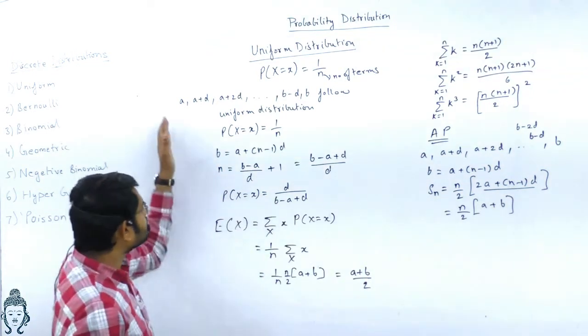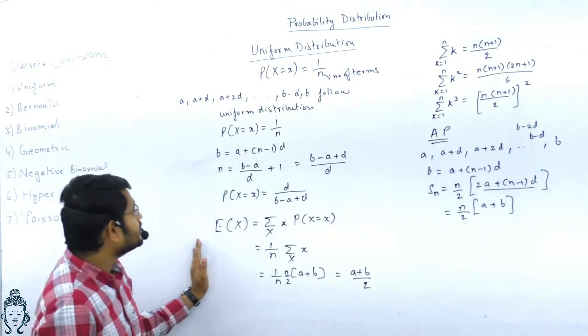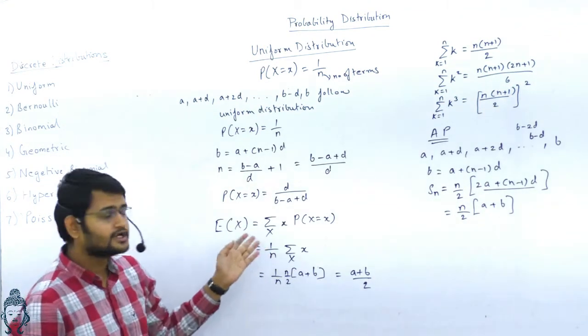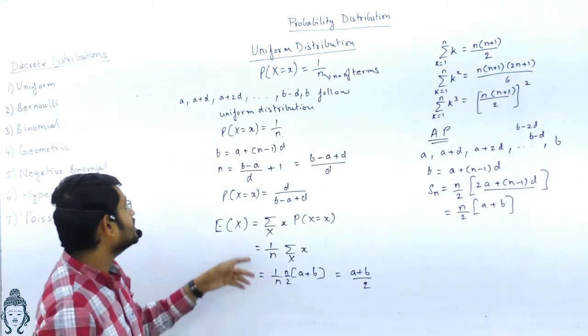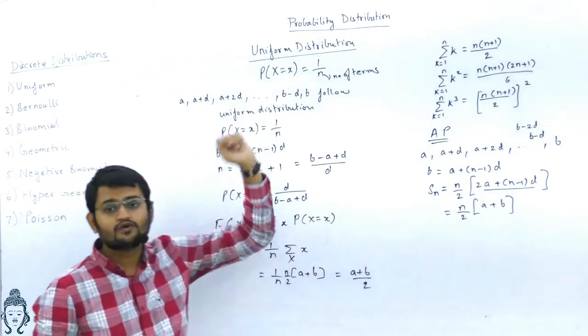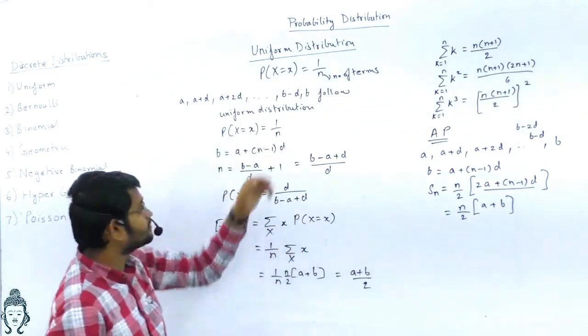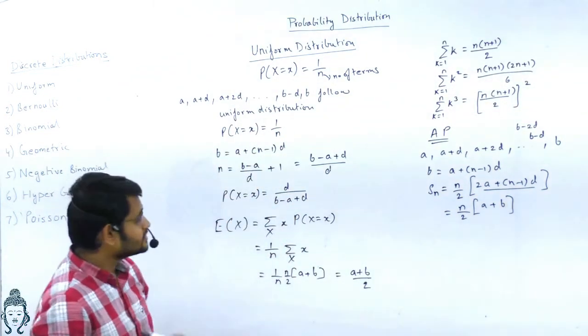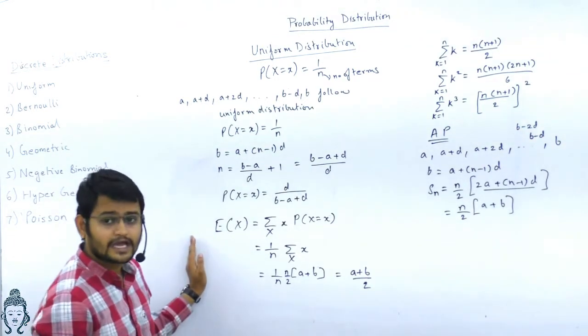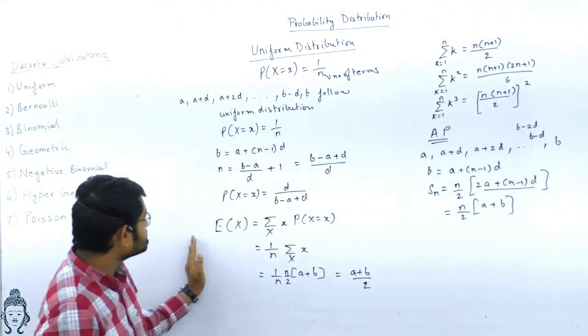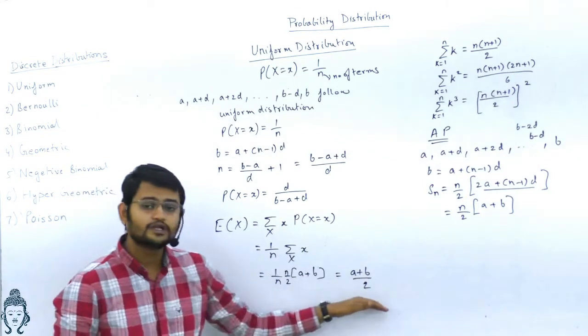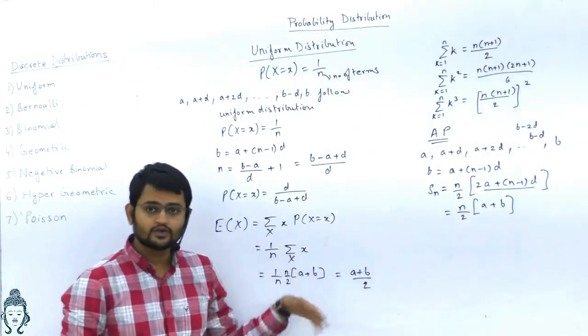Now for this particular example, we do not find variance just because it is going to be very complicated to sum the squares of an arithmetic progression. So this is a common question that might be asked in your examination, but they will always ask only up till expected value. They do not go further.